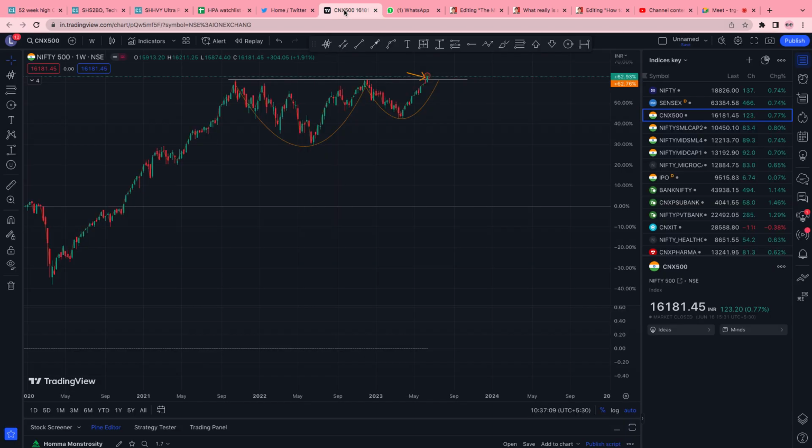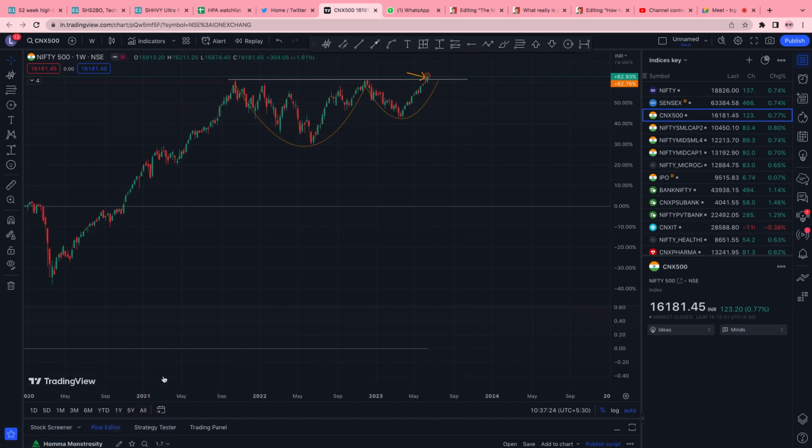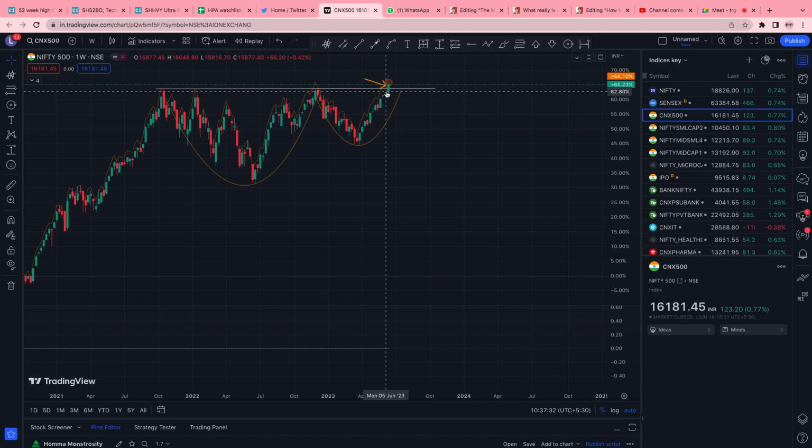So first things first, if you ask me what is the one character of a leading stock or a leading sector after a downturn, the answer is very simple. It's relative strength. By that, I mean if Nifty 500 right now is just breaking out, which are the sectors which have already broken out from a base?